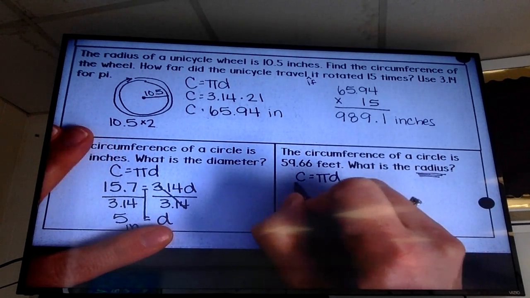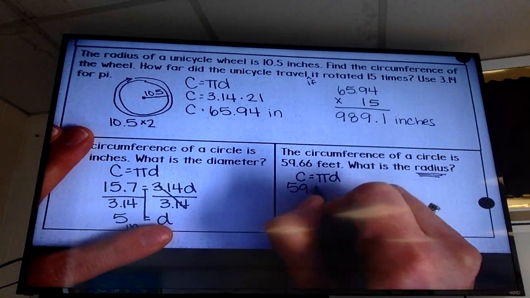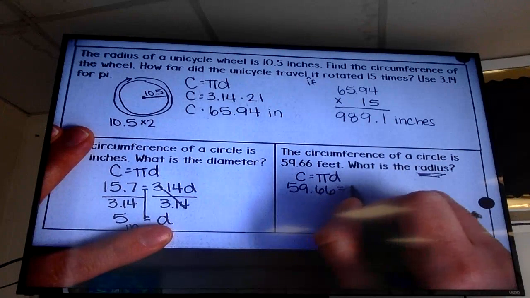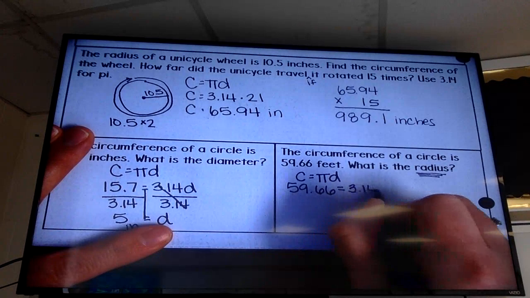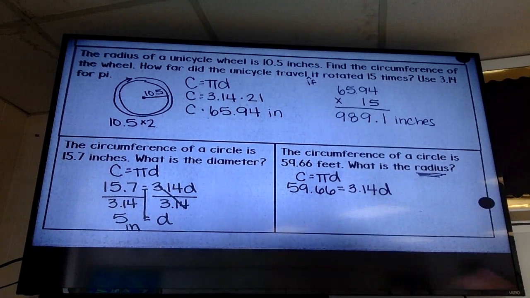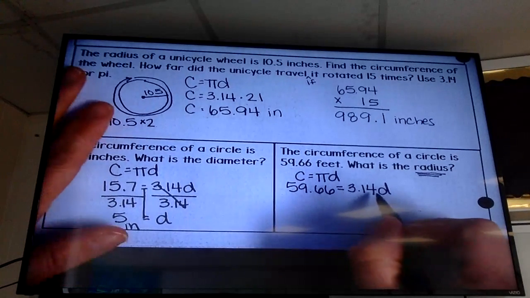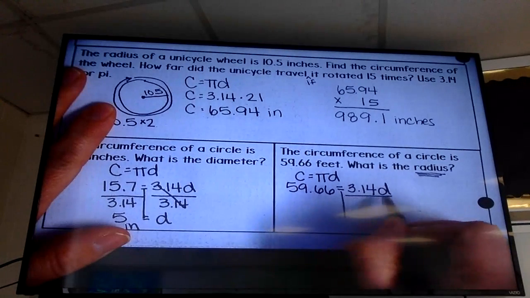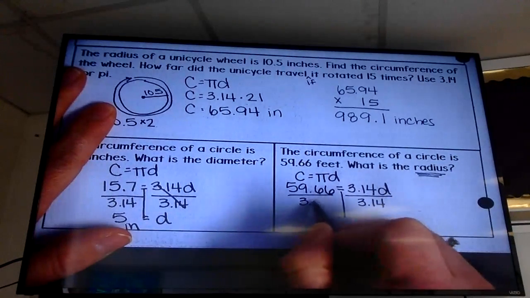I know my circumference is 59 66/100 feet equals, we're going to use 3.14 for pi, and I do not know the diameter, so I'm going to write d for diameter. So I want to get these apart, and right now they're being multiplied, and the opposite of multiplication is division. So I know I need to divide by 3.14.